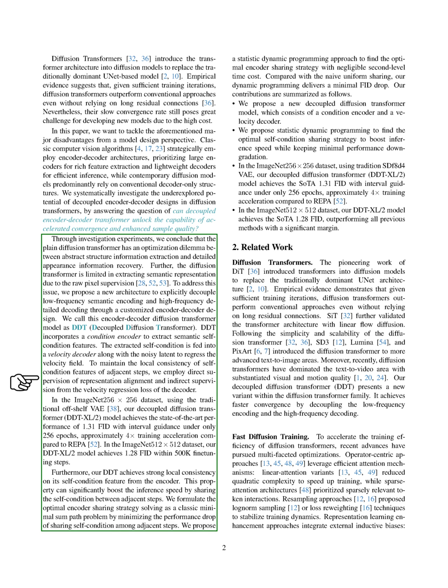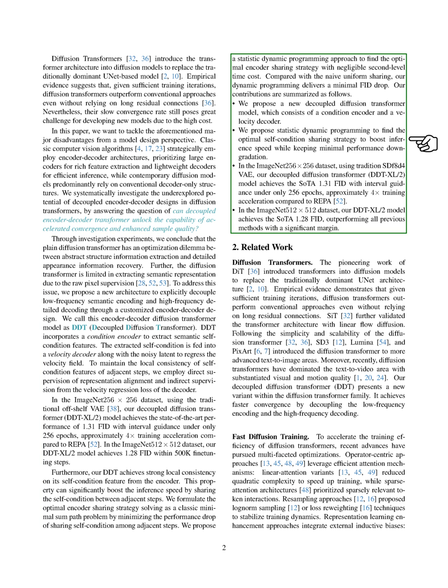We formulate the optimal sharing strategy as a minimal sum path problem to minimize performance loss. Our static dynamic programming approach identifies this optimal strategy with minimal additional time cost, resulting in a smaller FID drop compared to naive sharing methods. In summary, we present a new decoupled diffusion transformer model consisting of a common encoder and a velocity decoder.